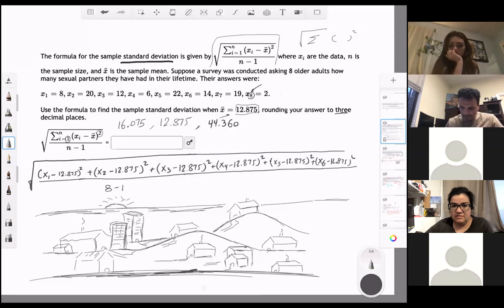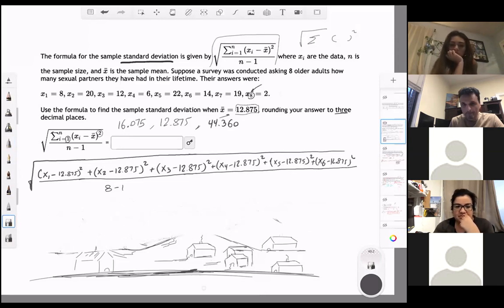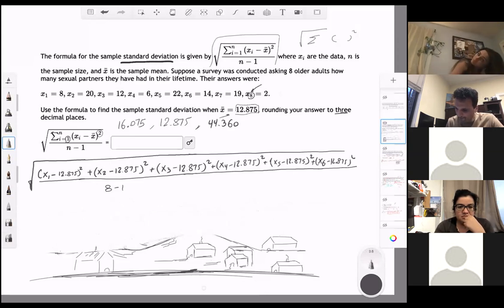All right, so I need to erase my drawing. So then we have x7 minus 12.875 squared plus x8 minus 12.875 squared, correct?